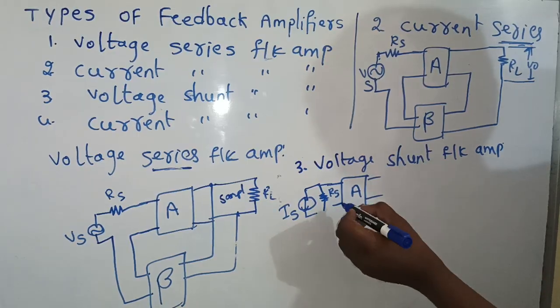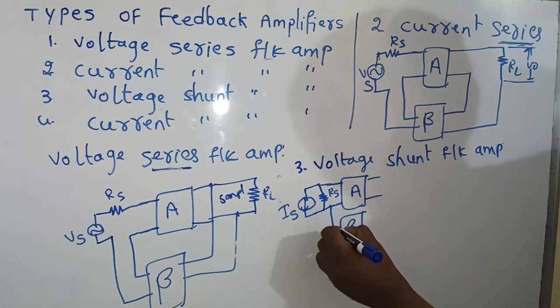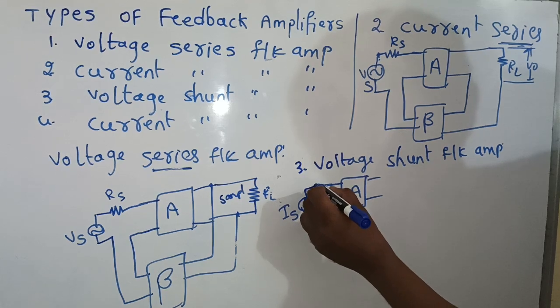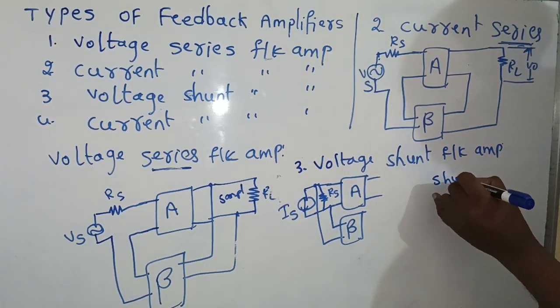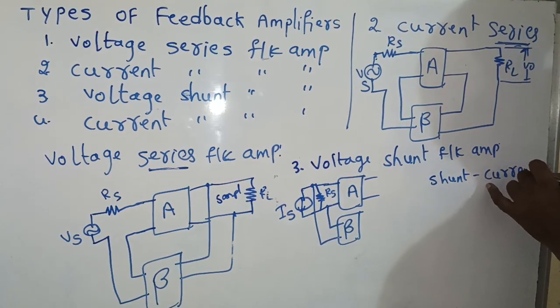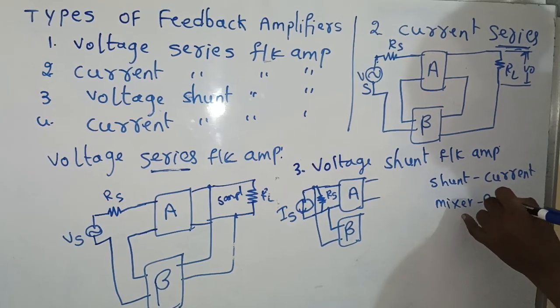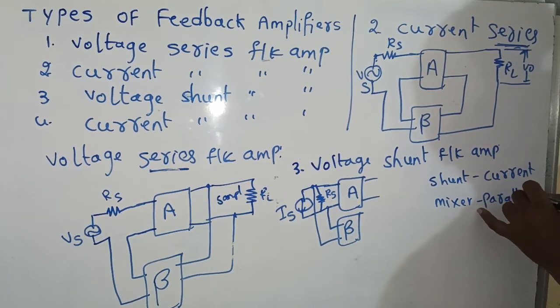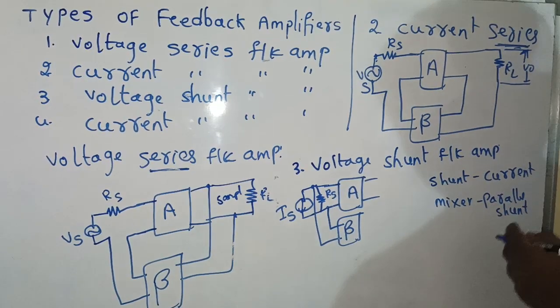Similarly, this is a shunt connection, that is why for the shunt connection the mixer is also in parallel combination. For the shunt connection we need a current source, and the mixer is a parallel connection, or shunt connection. This is at the input side.